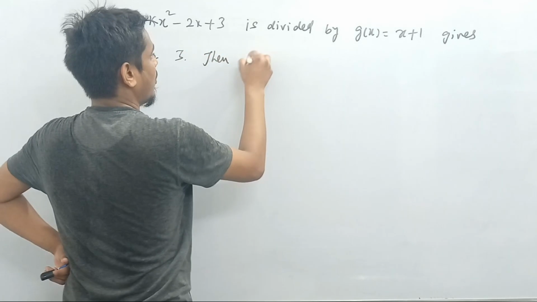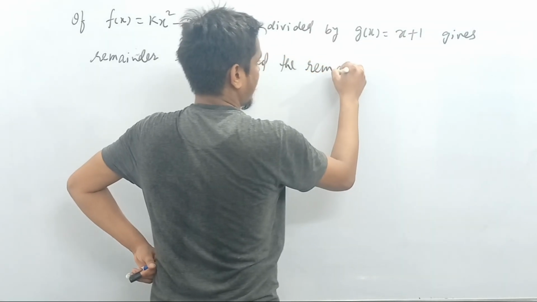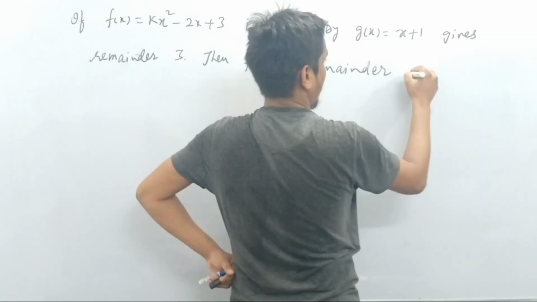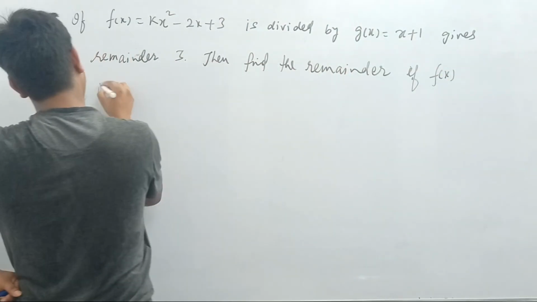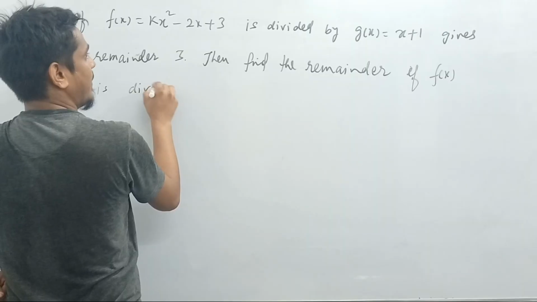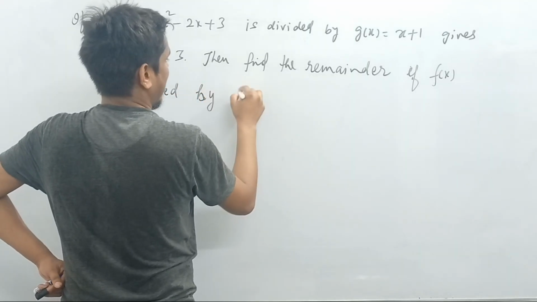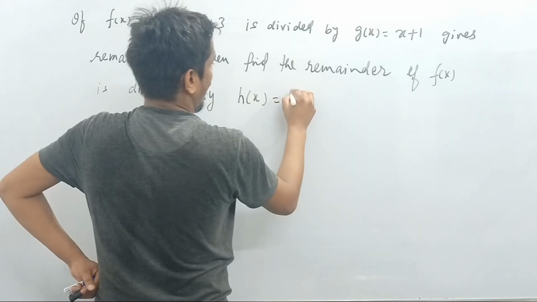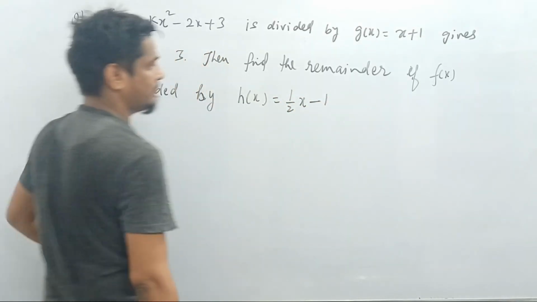Then find the remainder if f(x) is divided by h(x) equal to 1 by 2 times x minus 1.